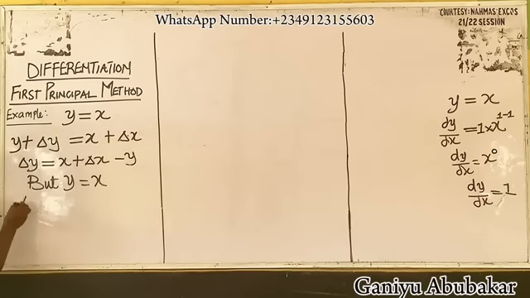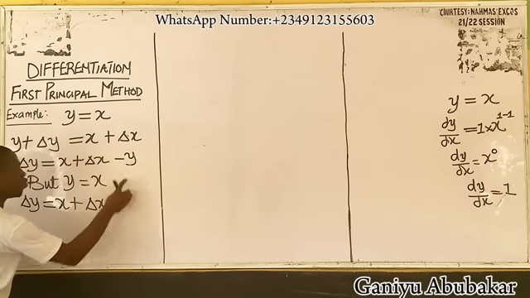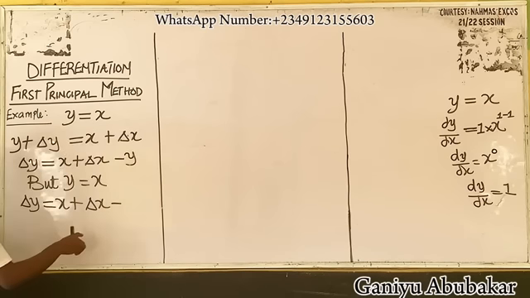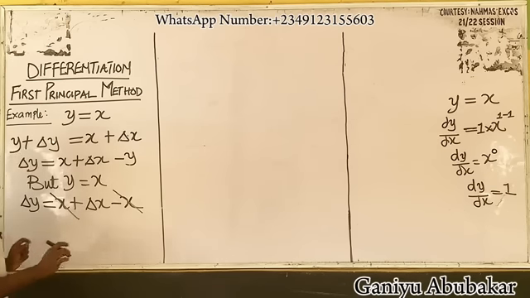So change in y is equal to x plus change in x minus y, and y is x from the question, so minus x. Looking here, I have plus x and minus x, and of course they cancel out, since plus x and minus x is 0. From this point I have change in y equal to change in x. At this junction, I'll divide both sides by change in x.